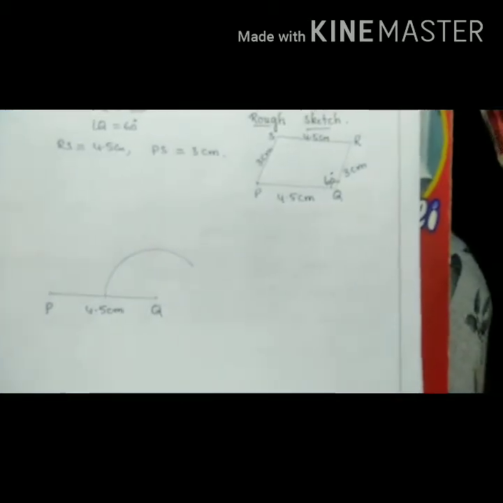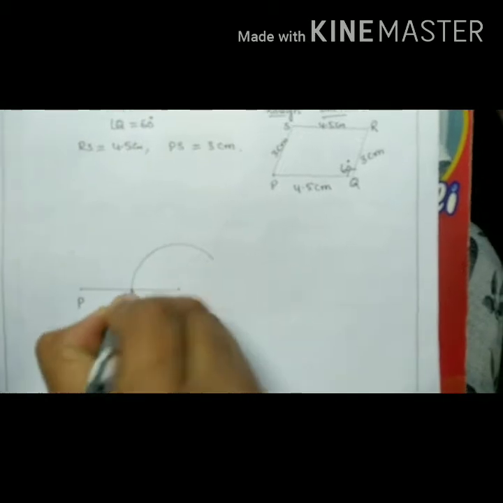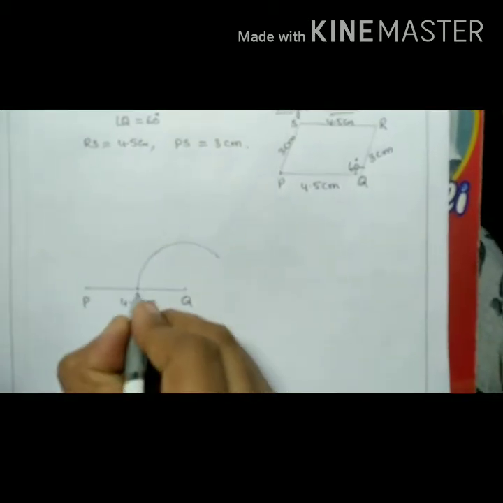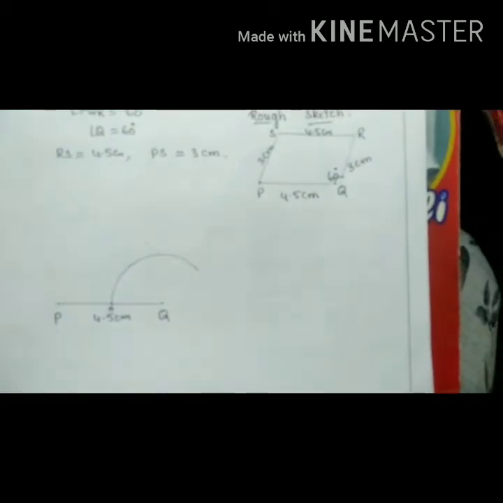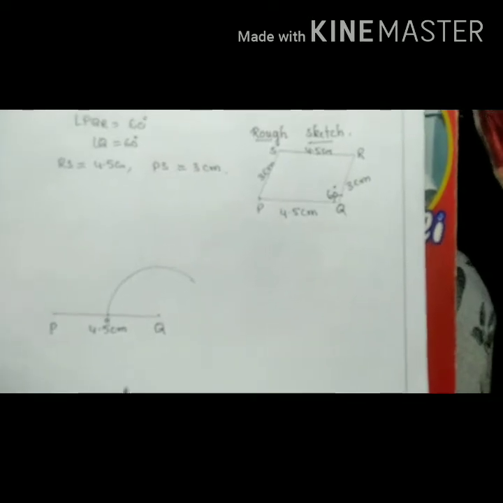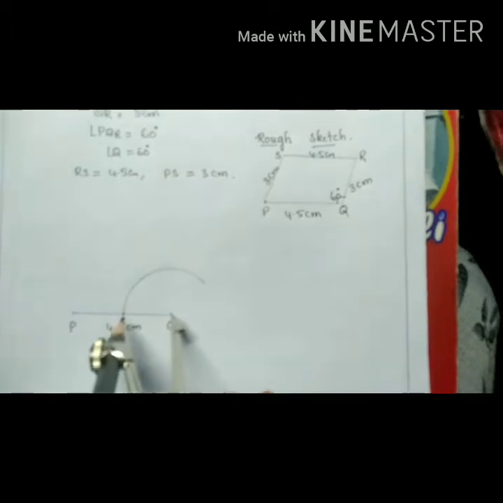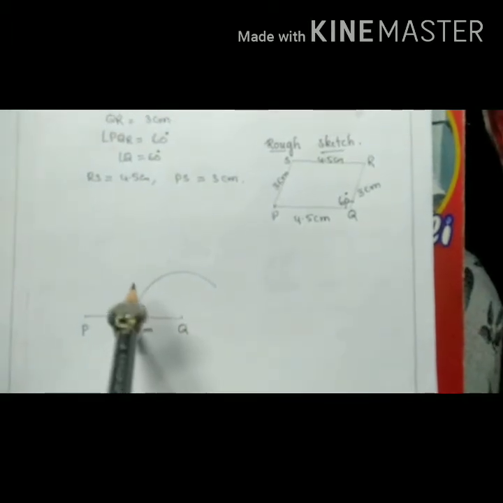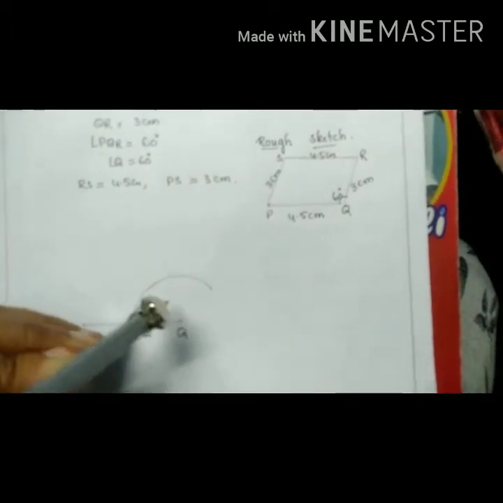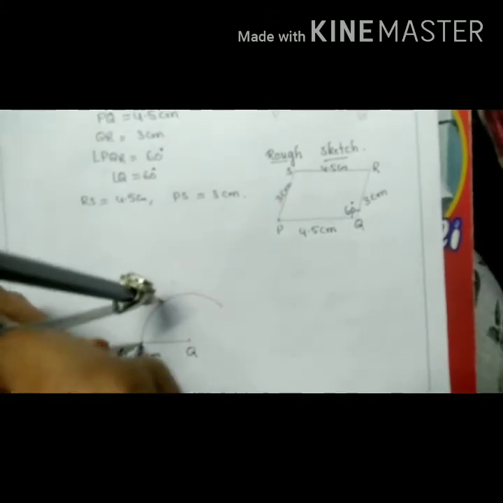The arc intersects the line segment at a point, keep it as O. So at the same measurement, Q to O, that is how much radius you have to take. With the same measurement, draw one arc with the center O.